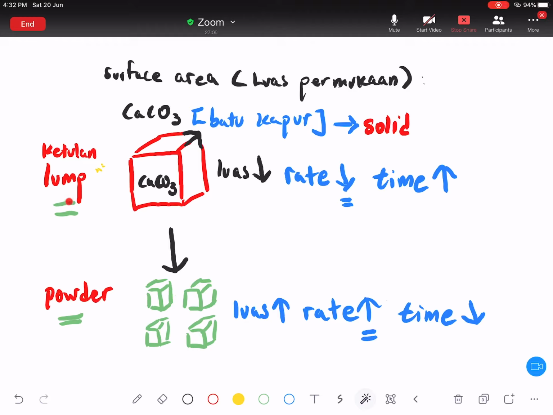You have the lump and everything is done. So, what happens now that we want to do? Remember, guys, this is very, very important. Smaller surface area, the rate of reaction is low and the time taken will be high. Larger surface area, the rate of reaction is high and the time taken is low.